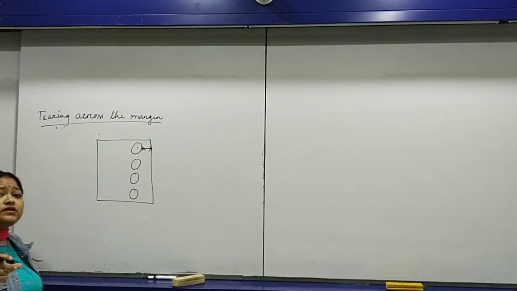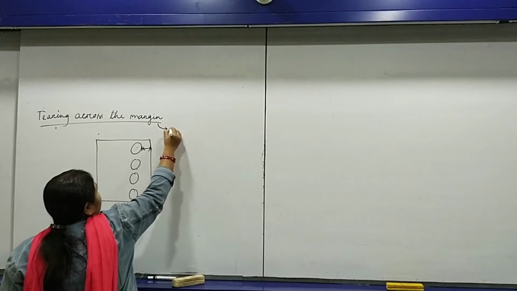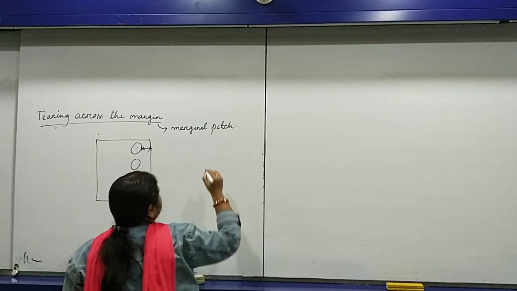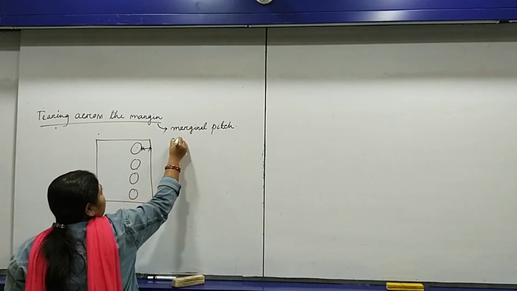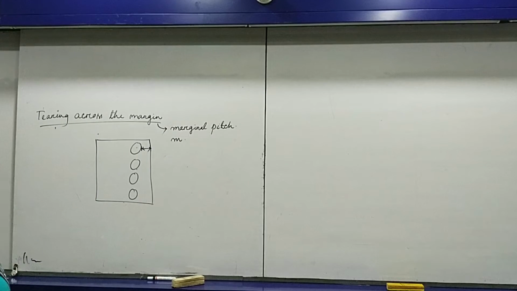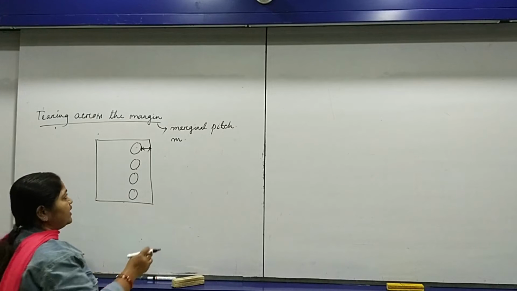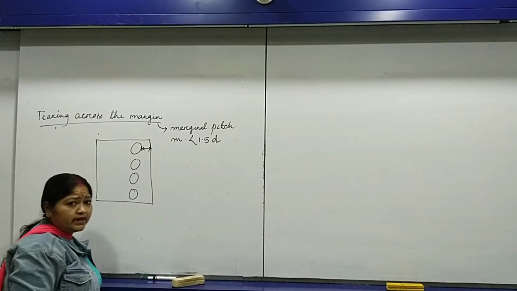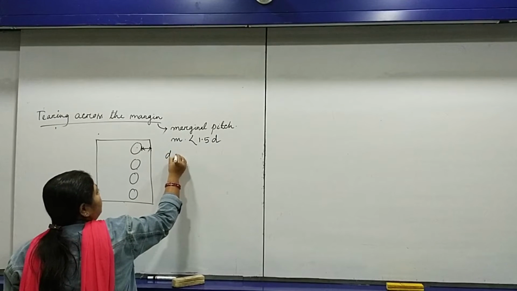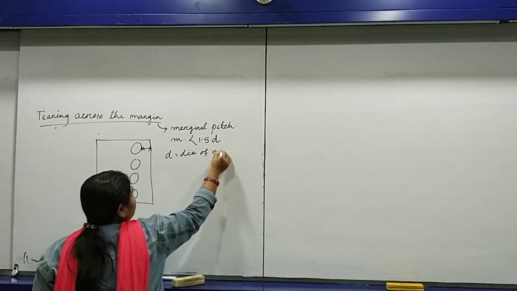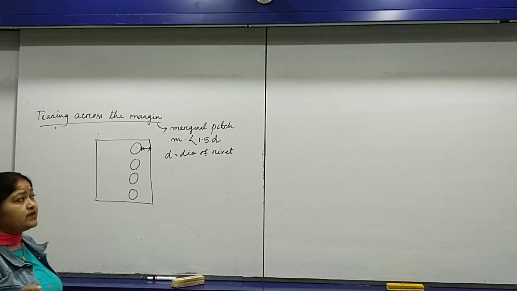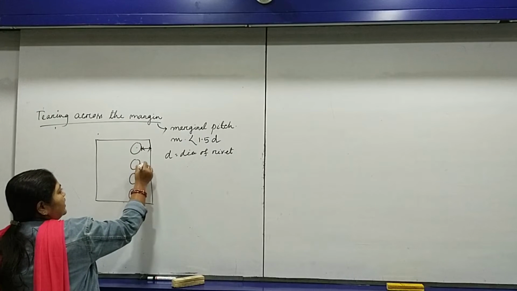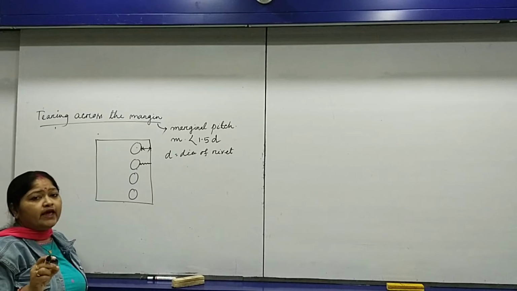The distance of a rivet from its nearest margin is known as the margin M. If the value of the marginal pitch is very small, that is, if M is less than 1.5d, where d is the diameter of the rivet, then tearing occurs across the margin, meaning the plate will rupture across the margin.